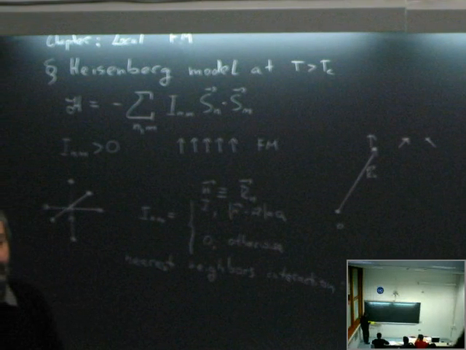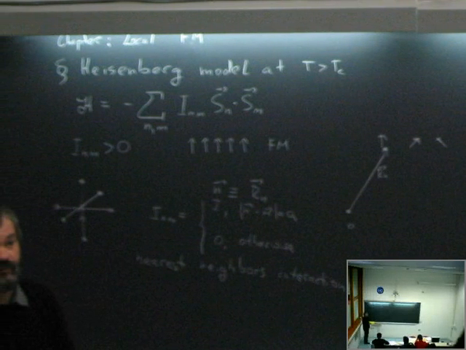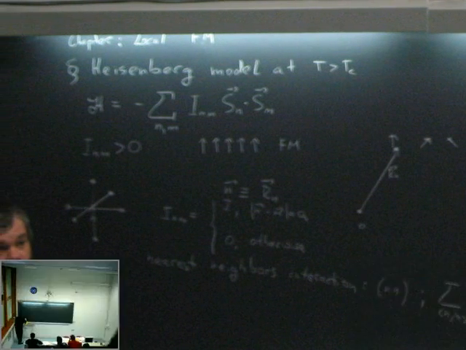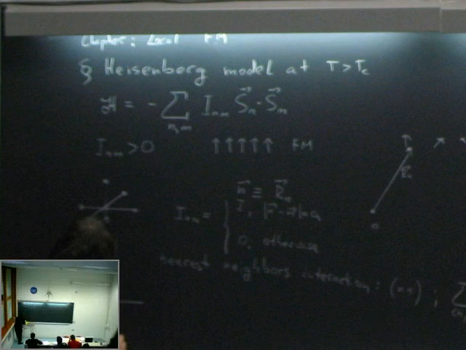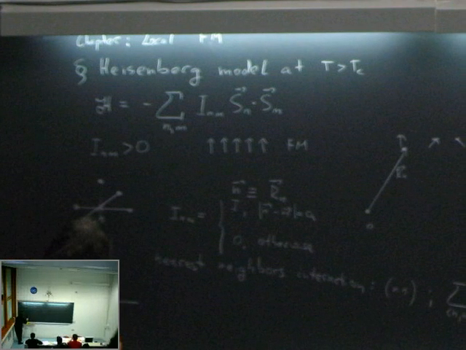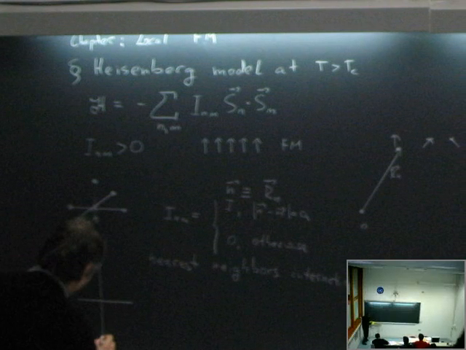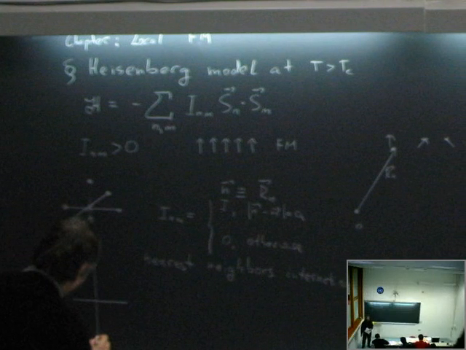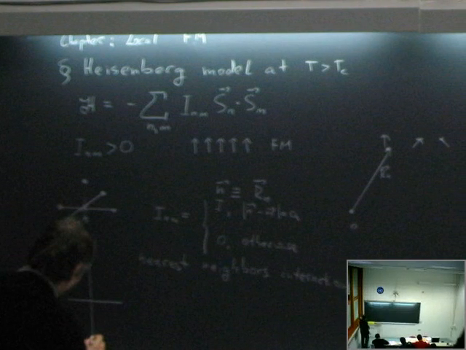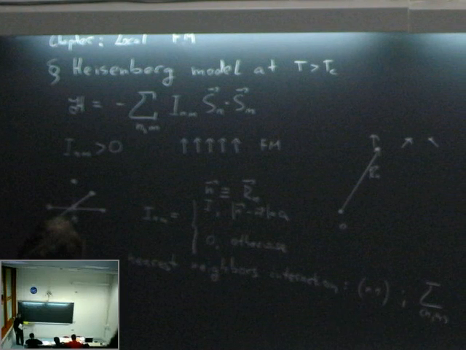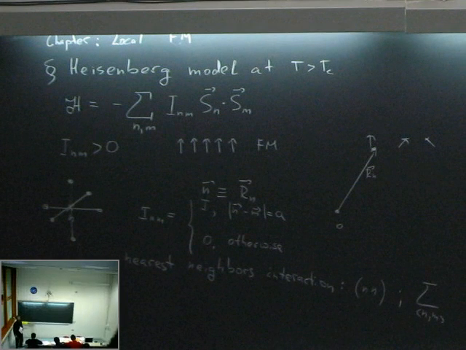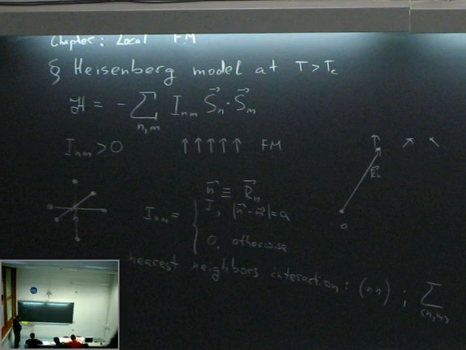If we have a square lattice, so we have a planar magnet, and of course, for making a cartoon, it's much easier to do it on a plane than in 3D. So again, if we fix some spin, then we have 4 nearest neighbors.